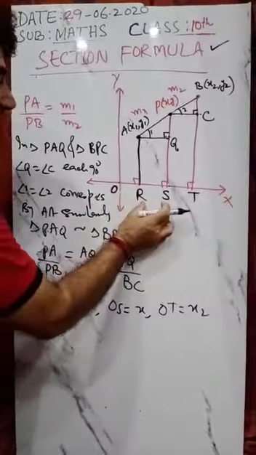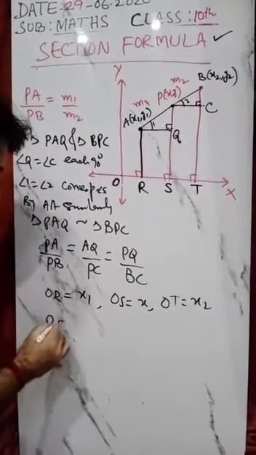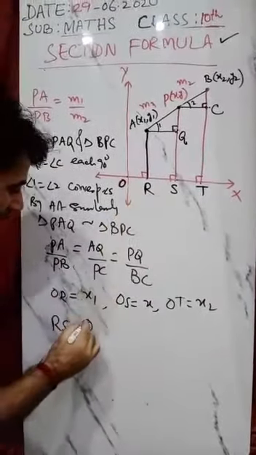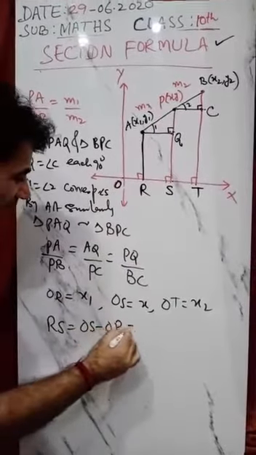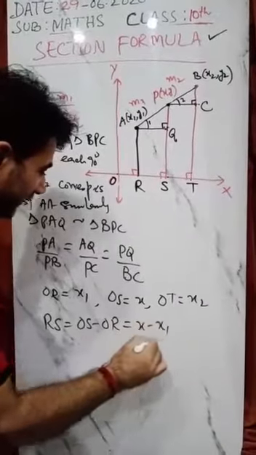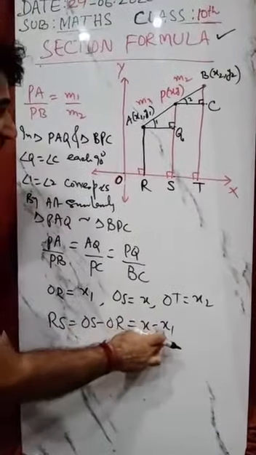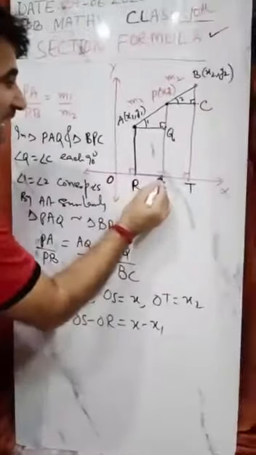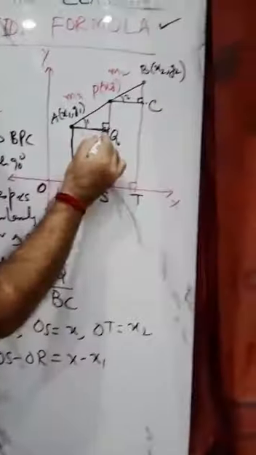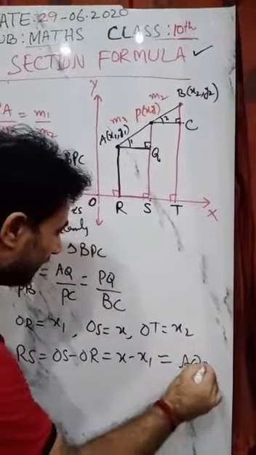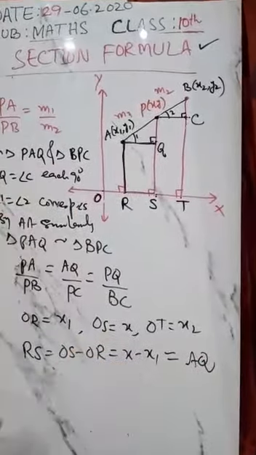So now RS. RS is OS minus OR. OS is x, OR is x1. So RS is x minus x1. So AQ is also equal to x minus x1.